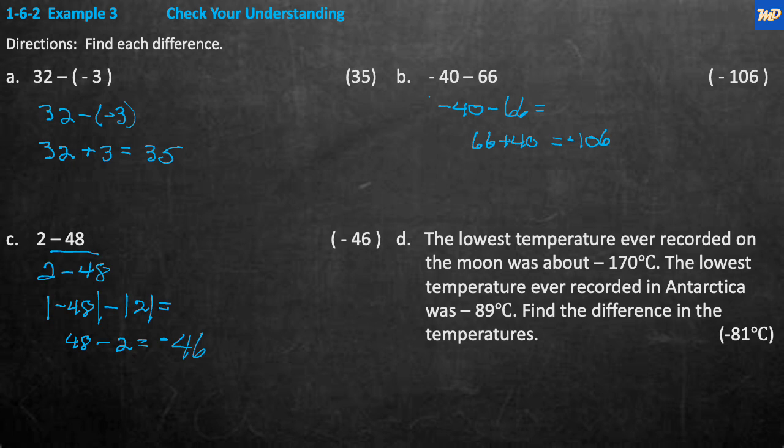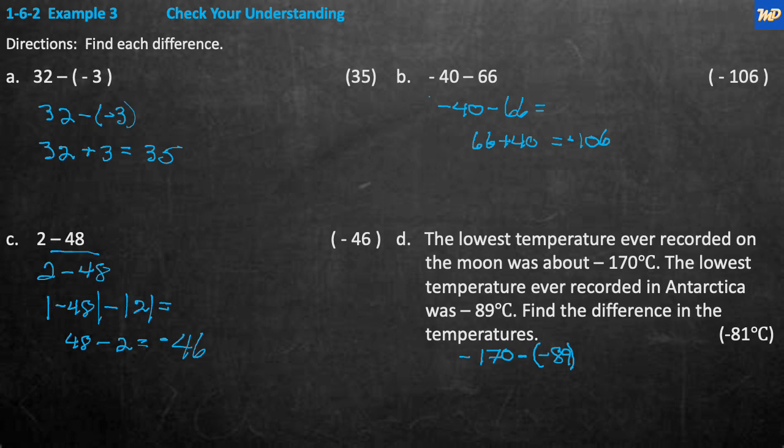Let's see if we can do this one. The moon temperature last recorded was minus 170 degrees Celsius, and the temperature in the Antarctic was negative 89 degrees. They want us to find the difference, so they want us to subtract: minus 170 minus a minus 89.